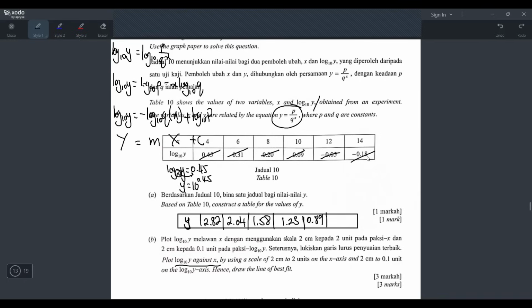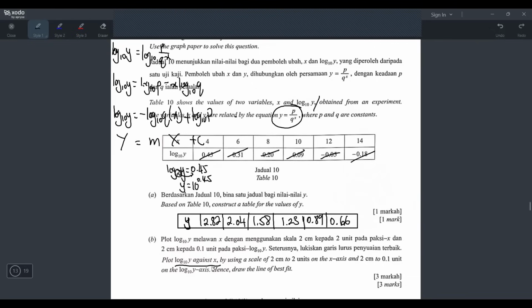And the last one, shift log negative 0.18, 0.66. Or you can press 10 power for all these numbers, you will get the same answer. All right, after you do up to here, you get 1 mark. Okay, now we can continue with part B.